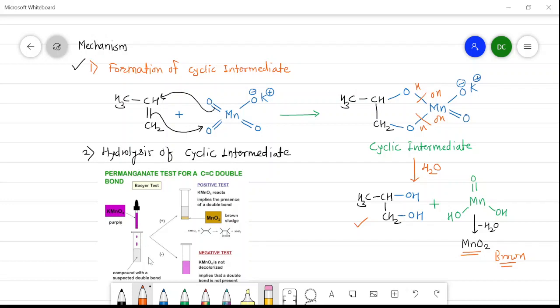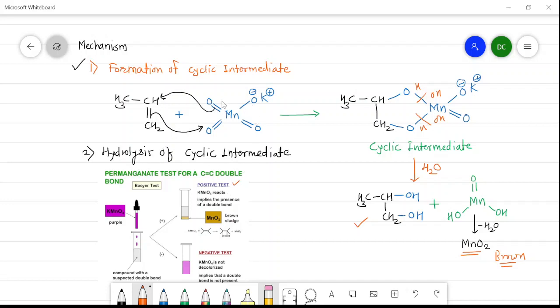Then this solution is added to the solution of the organic compound. The organic compound is dissolved in water or any other solvent, then KMnO4 is added. If after adding KMnO4 the color disappears in the test tube, then it is a positive test. It indicates the presence of unsaturation.